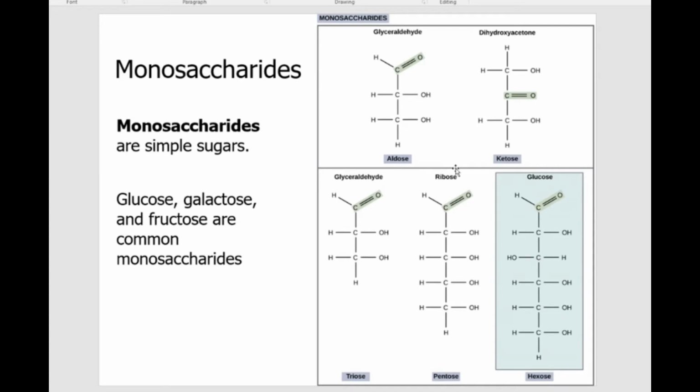You can see aldose, ketose, glucose, they all end with O-S-E, because they're sugars, they're monosaccharides. So we are going to have this pentose with 5 carbons, 1, 2, 3, 4, 5, in our genetic material, nucleic acid, which is DNA or RNA. In their structures, there's one component that's pentose, a 5-carbon sugar. All right.